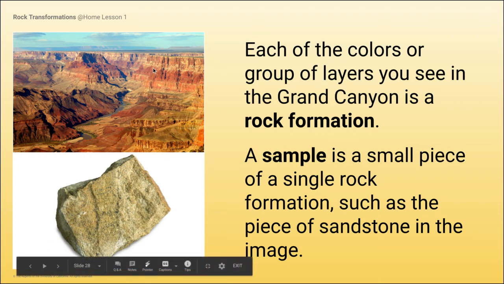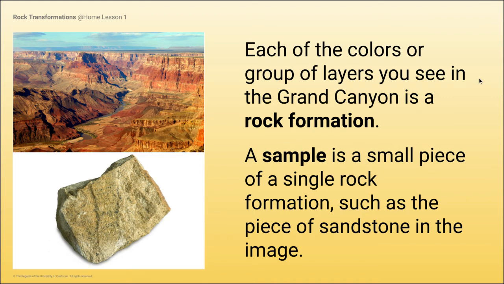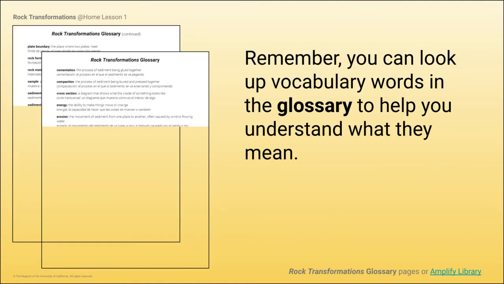So the Grand Canyon has lots and lots of layers of rock formation. A sample is a small piece of a single rock formation, such as a piece of sandstone in the image. I would probably grab little samples from each one of these stripes if possible.